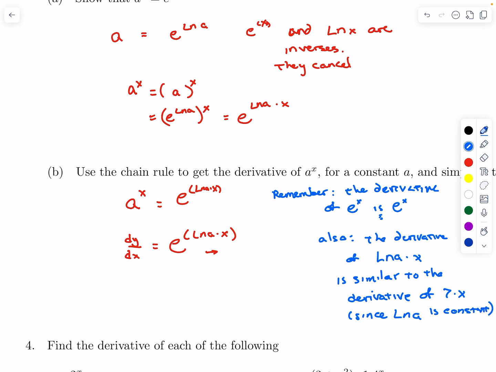Derivative of 7x turns into just 7. The derivative of ln a times x turns into just ln a. So the chain rule pops out an extra ln a. And remember that e to the ln a times x was just a fancy way of writing a to the x.